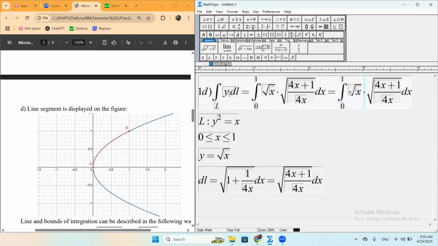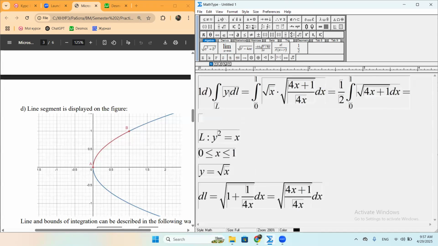So it will be eliminated, and also moving 1 over 2 out of the integral sign. And we have the following integral.